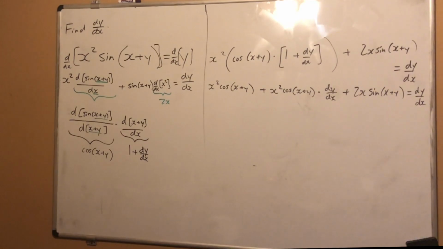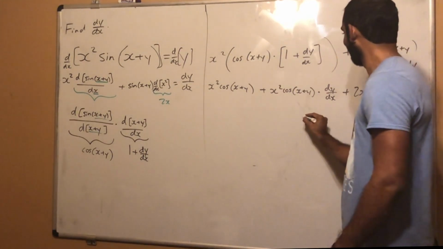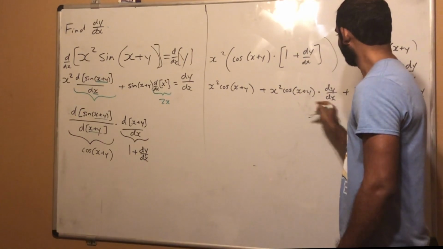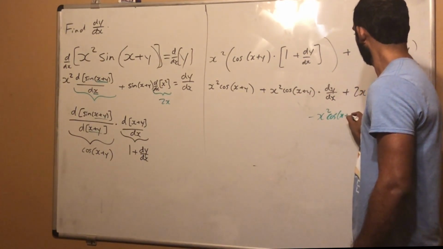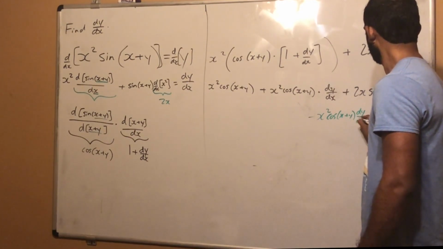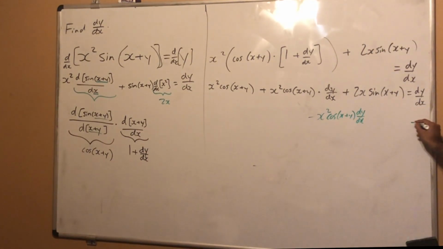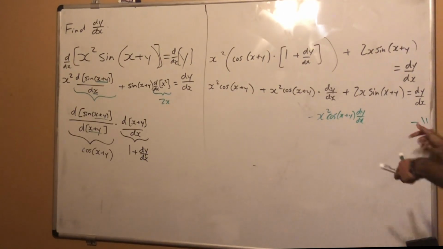Alright, next to last step is to do what? Bring the dy over dx terms on one side and the non-dy over dx terms on the other side. We're back in algebra land. So minus this term to both sides. That's the same thing as this.